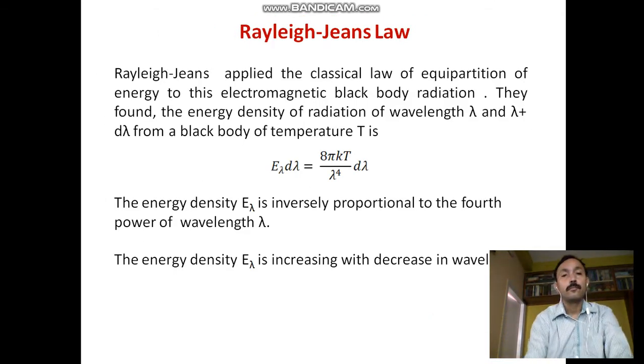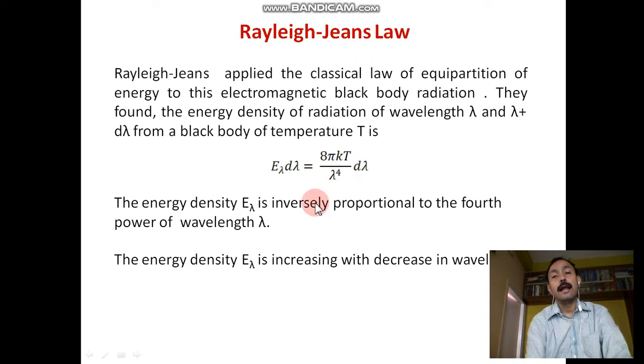Rayleigh-Jeans law. Rayleigh and Jeans applied the classical law of equipartition of energy to this electromagnetic blackbody radiation. They found the energy density of radiation of wavelength lambda to lambda plus d lambda of a blackbody at temperature T is E lambda is equal to 8 pi kT by lambda to the power 4 d lambda.